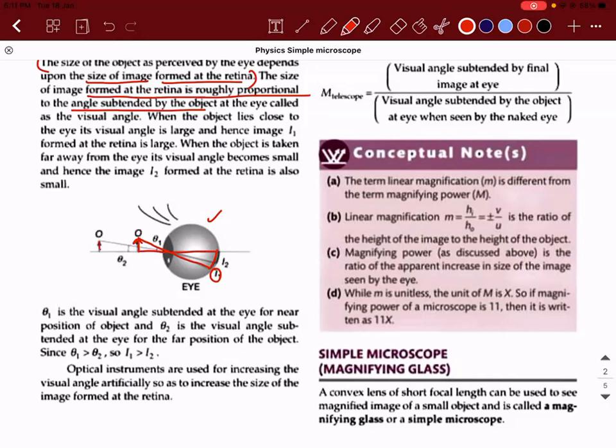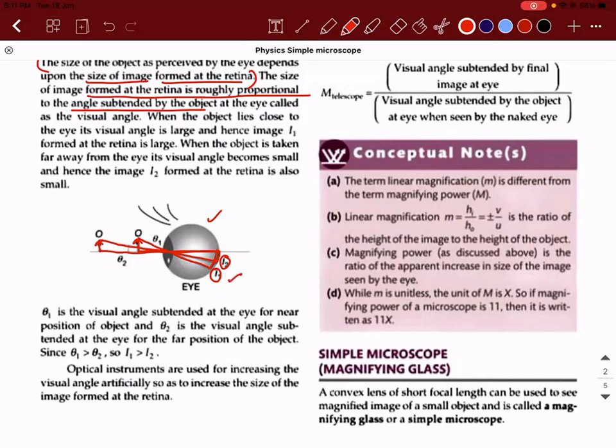Similarly, the same object is moved to a longer distance. At this point, if you take the rays from the top end and the bottom end, you are able to observe that there is another image formed. Now, logically tell me which image is bigger on a comparative basis.